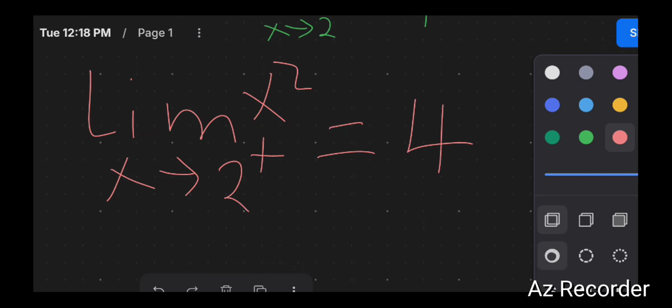Now, since the limit as x approaches 2 from the right is the same as the limit as x approaches 2 from the left, what does this tell us? It tells us that the limit of the function f of x equals x squared actually exists, and the limit is equal to 4. Now, what is the significance of this with the derivative?